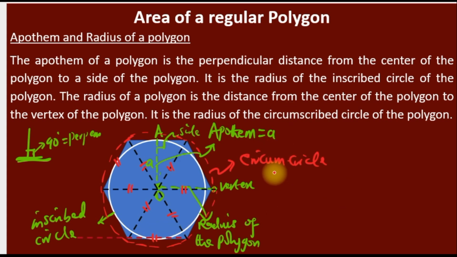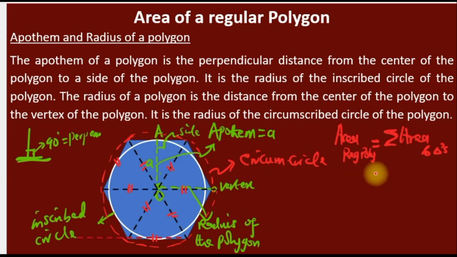I'm trying to derive that the area of this regular polygon is equal to the summation of the areas of the 6 triangles. This symbol sigma means sum. We have 6 equilateral triangles.